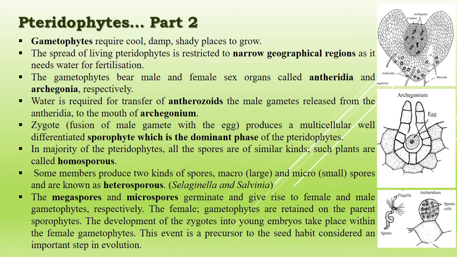So, if we study the life cycle, we find that in Pteridophyta, both the sporophytic and the gametophytic phases are independent. They can make their own food; they are photosynthetic. But the dominant phase is the sporophyte, because most of their life cycle is occupied by the sporophytic stage, that is the diploid stage.